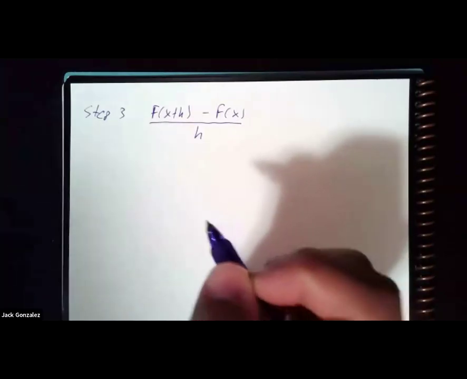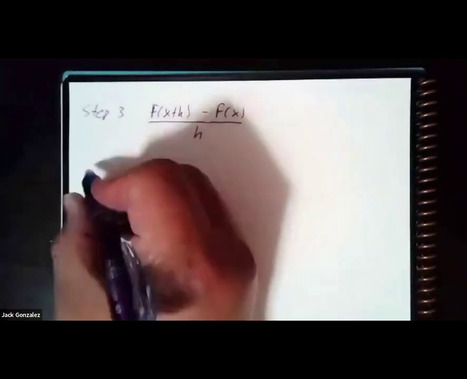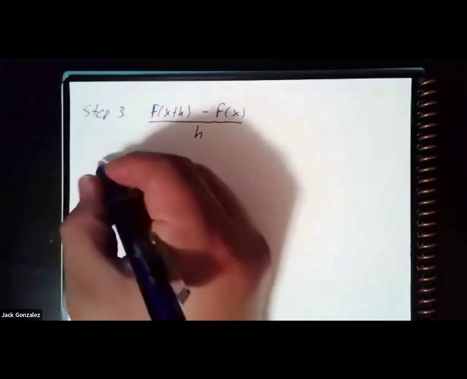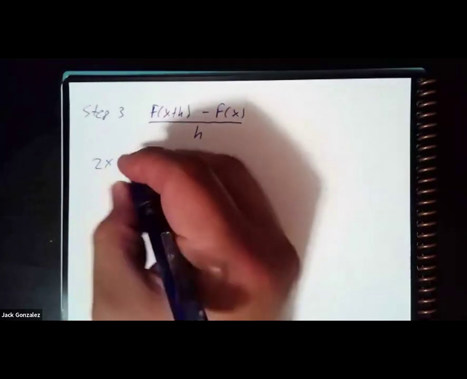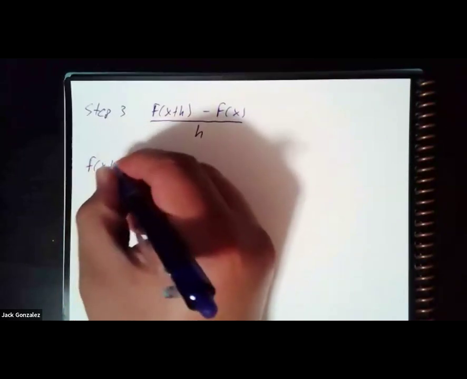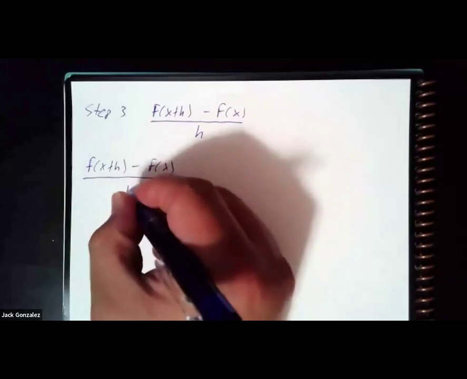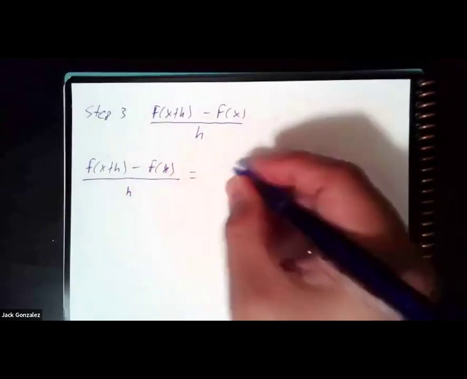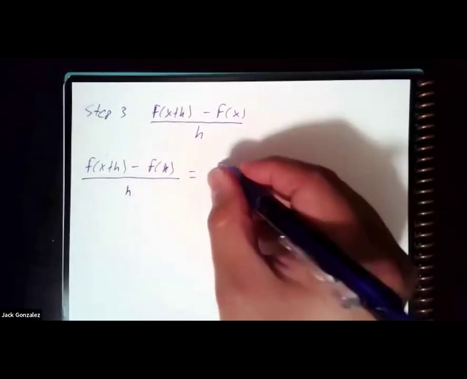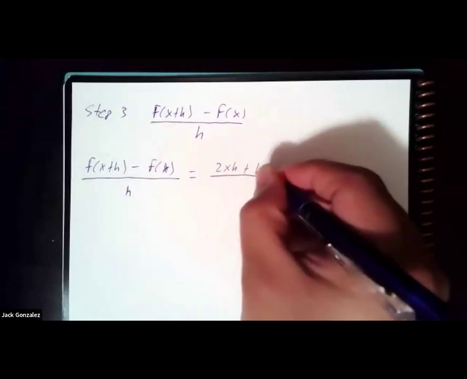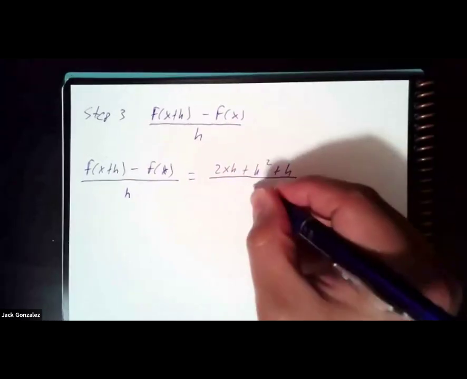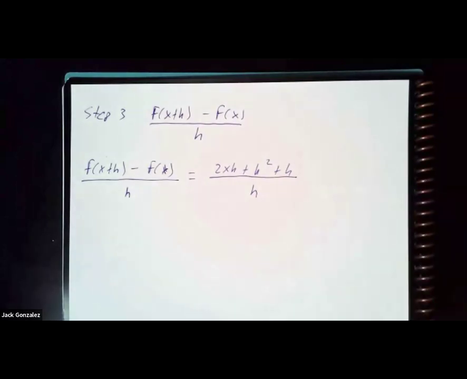Okay. So the result was 2xh plus h squared plus h over h, right?